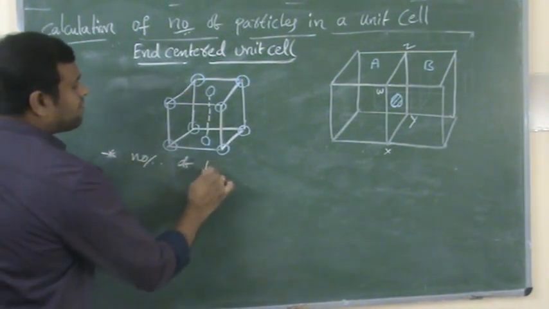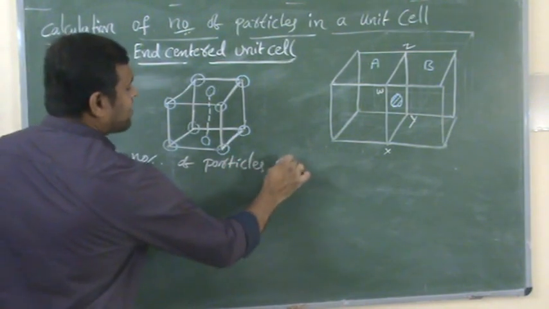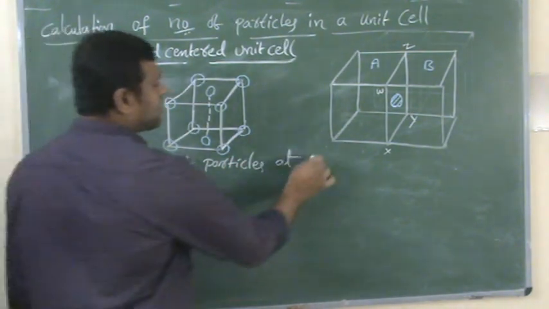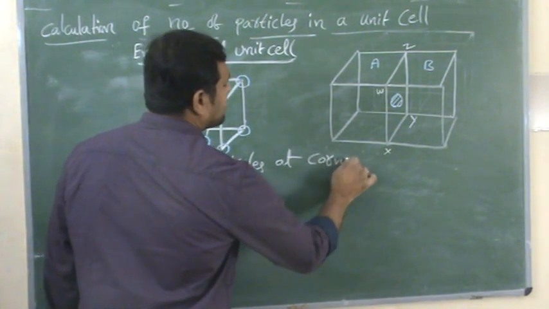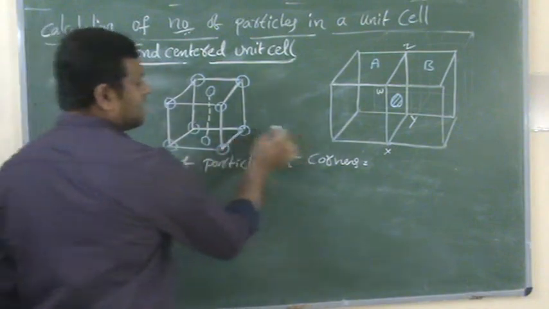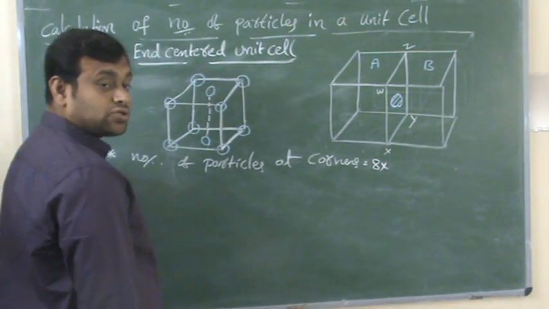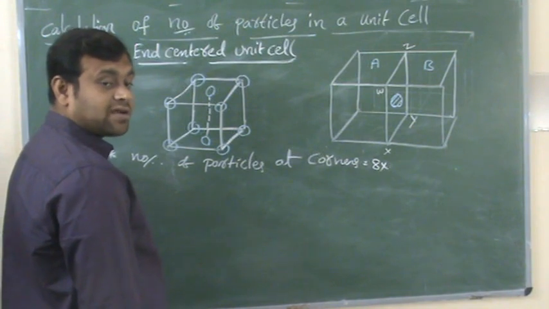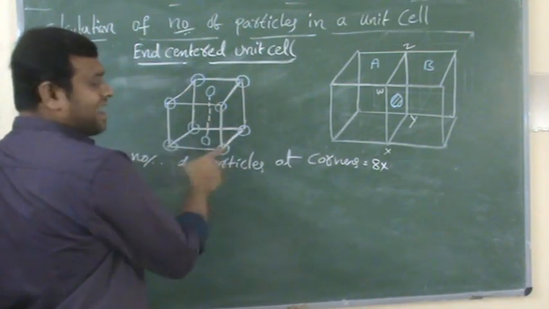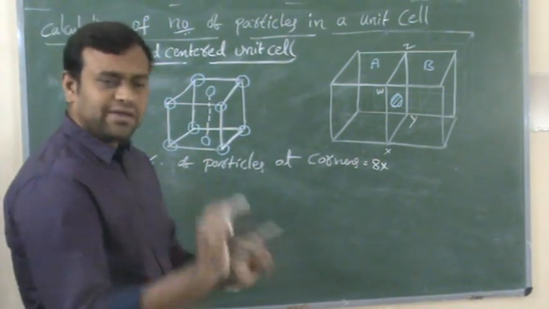Number of particles at corners is equal to how many lattice points? 8 lattice points. Therefore 8 particles are present, but don't forget contribution. If you say, 'Sir, 8 corners are there, that's why 8 particles,' it will be wrong.